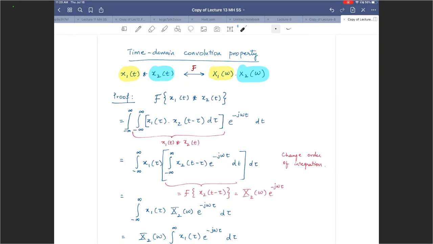So let me color code this as well. This part right here, convolution is done here and here. And then the Fourier transform brings in this integral along with that.